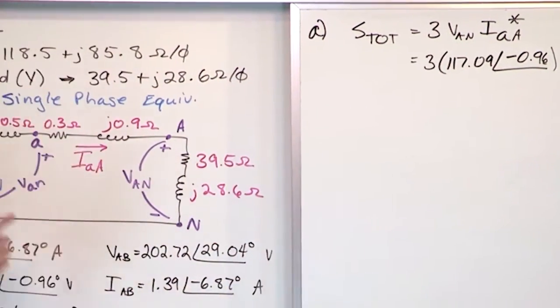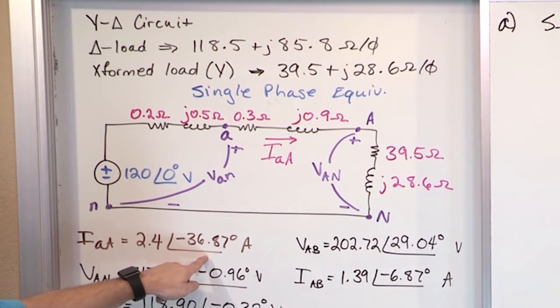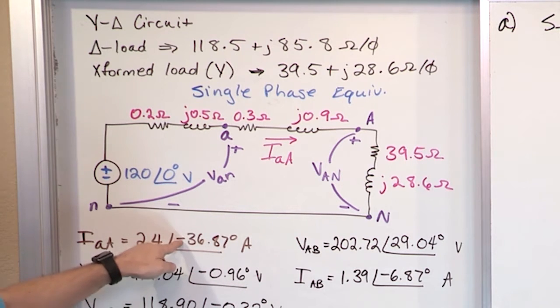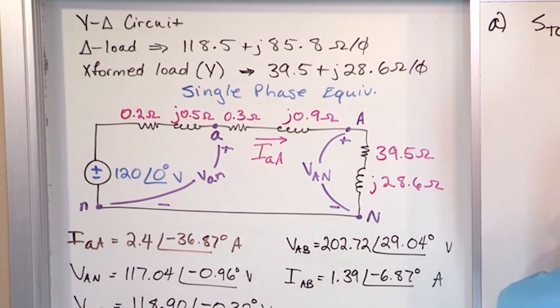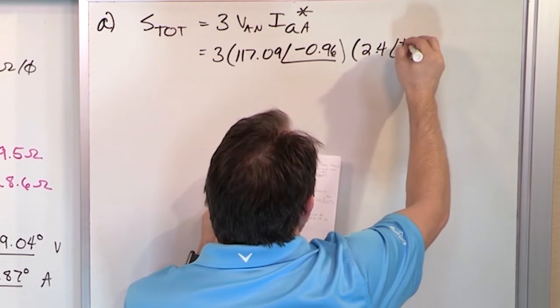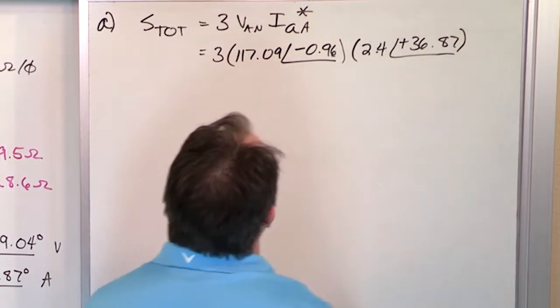And then the current I_AA going through there is given again here, 2.4 at negative 36.87, but we have to remember conjugates means you flip the sign of the angle if it's in polar form. So we flip the sign of that angle, and we get 2.4 at an angle of positive 36.87.